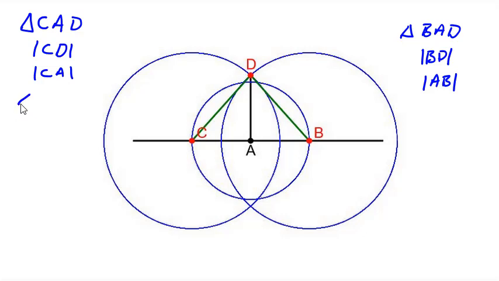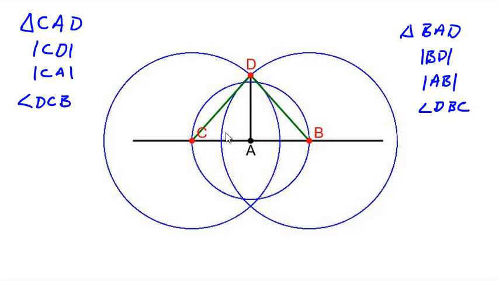So we have the angle DCB is equal to the angle DBC. So what we have here is we have 2 congruent triangles, and they're congruent by side, angle and side.